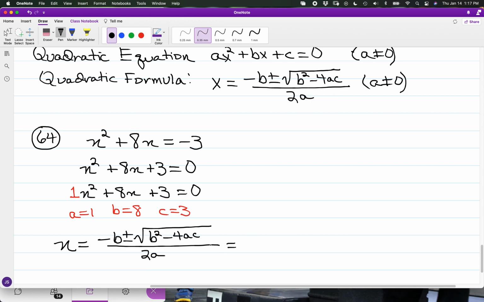Okay, now this is the quadratic formula. If we look at substituting directly, for negative b, b is 8, so the opposite sign of b translates to negative 8. And we have plus or minus the square root of b squared, so that is going to be 8 squared, and minus 4ac, so minus 4 times 1 times 3.